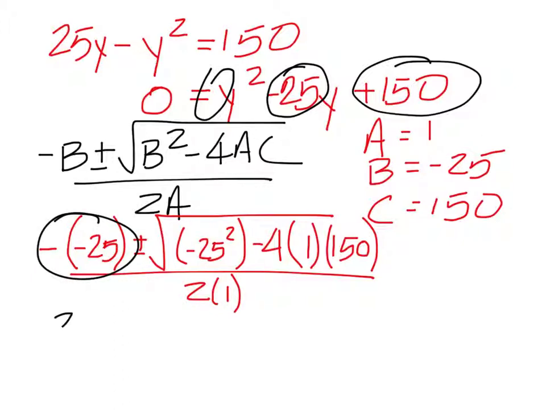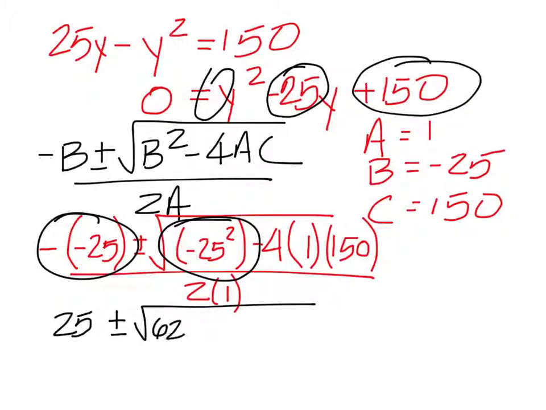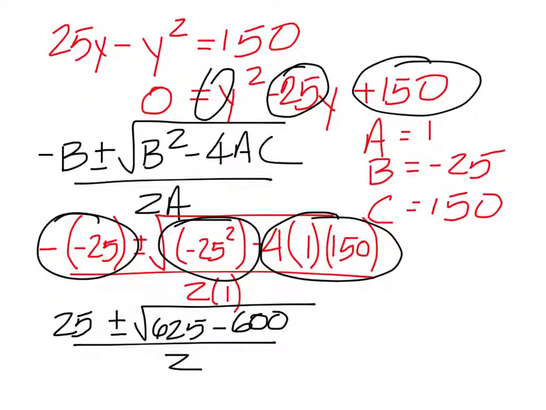That double negative is 25. And this is 625. 4 times 150 is 600. And on the bottom, 2 times 1 is 2.